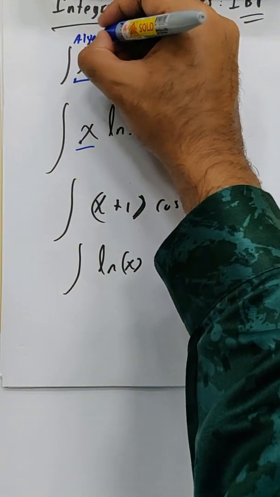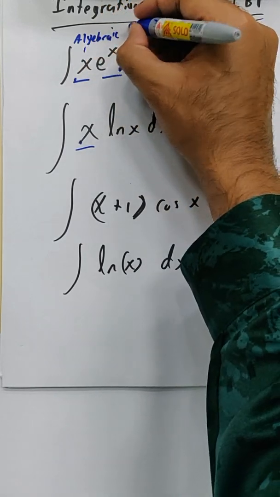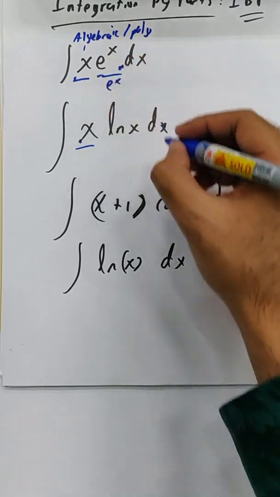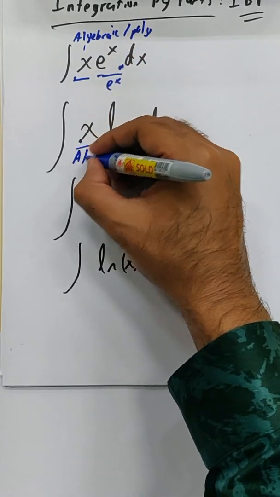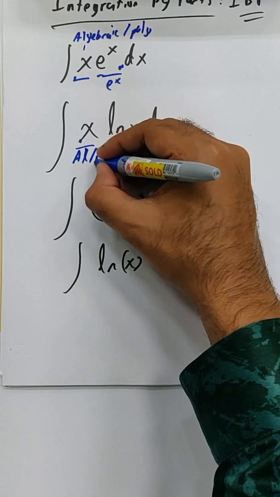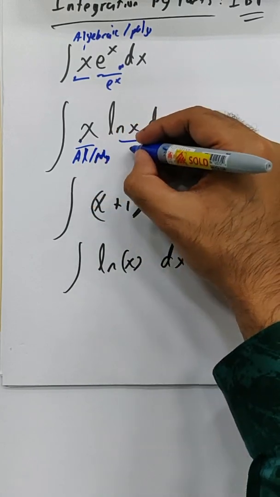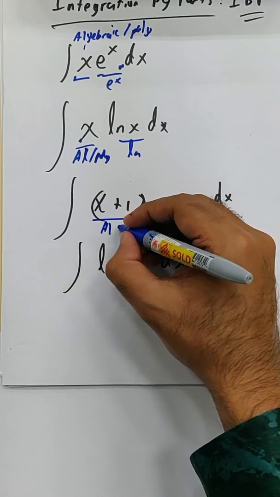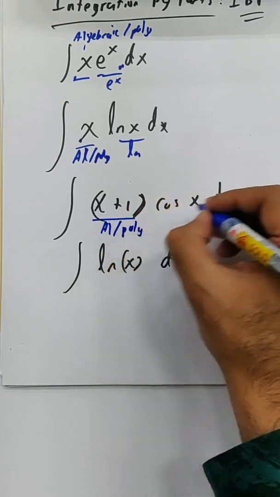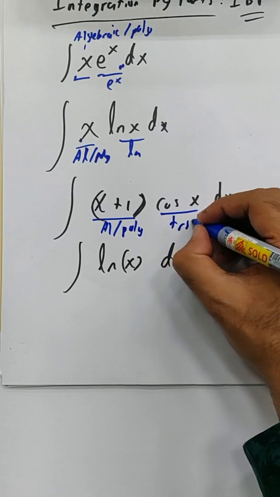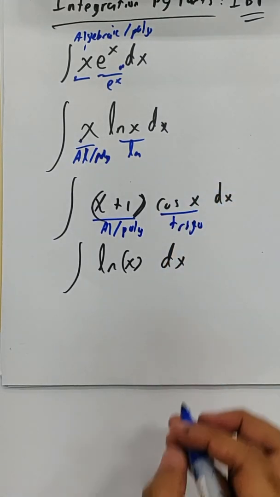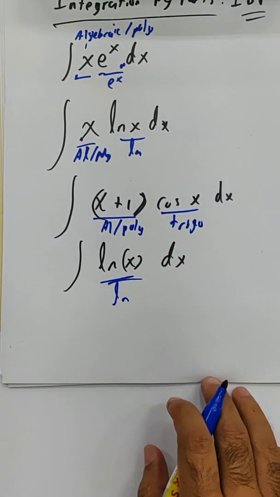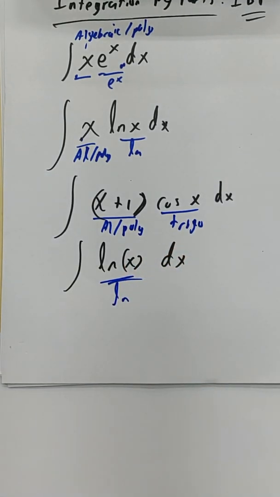I am not going to argue with people, so I say L or poly. This one is ln. This one is trigo. If you are given an ln like this, normal integration or normal substitution will not work.